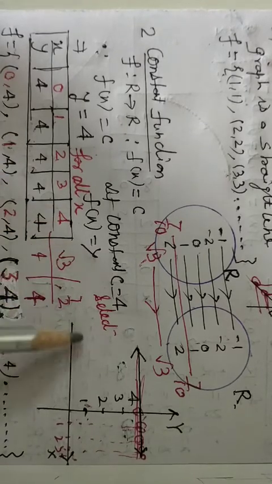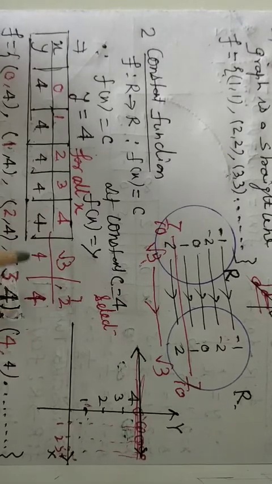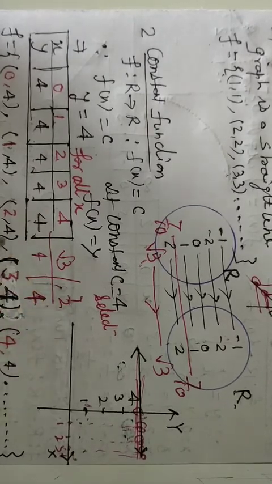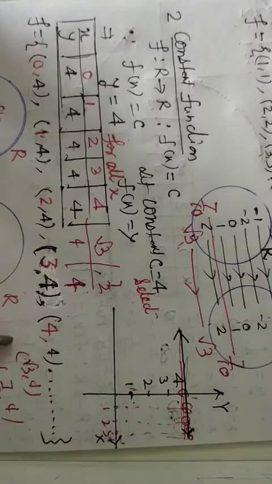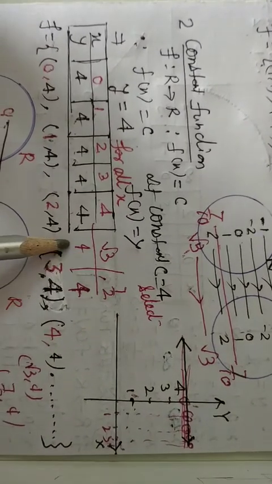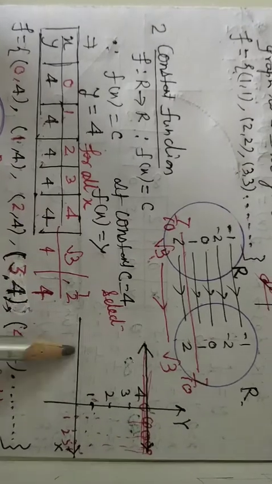The line has been extended, no problem. Now the function is (0, 4), (1, 4), (2, 4), (3, 4), (4, 4). If you take root 3, then (root 3, 4), and this point can also be displayed on the graph paper.